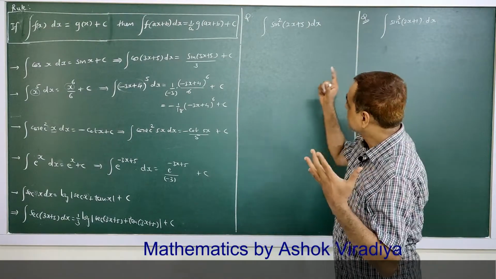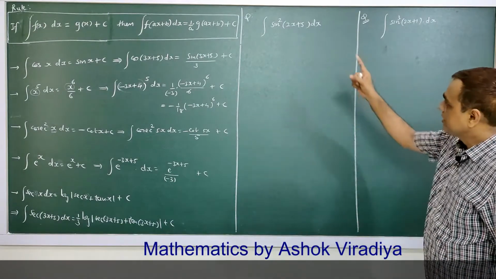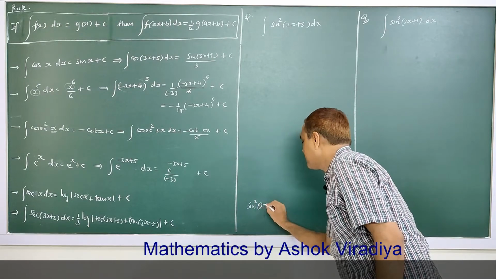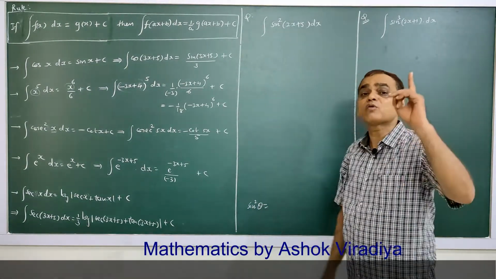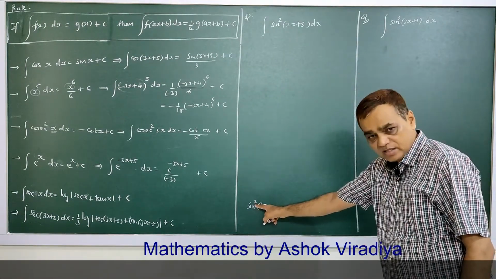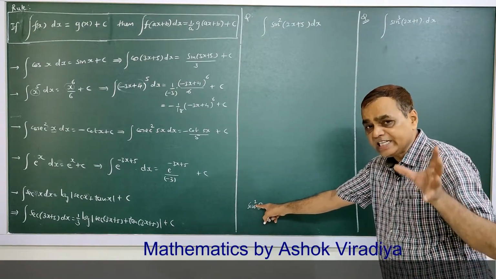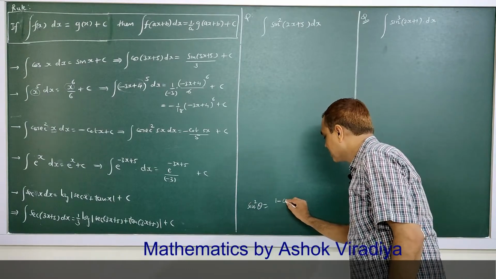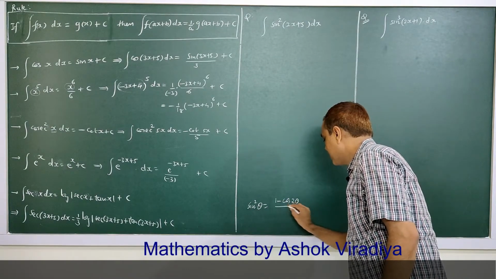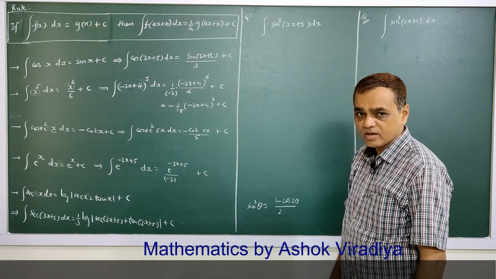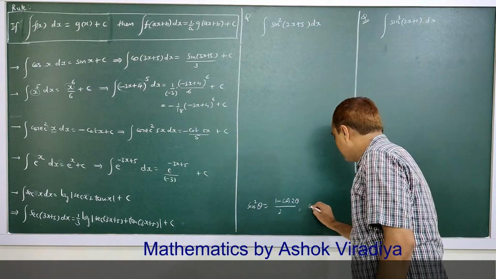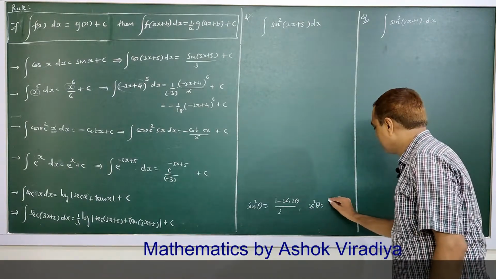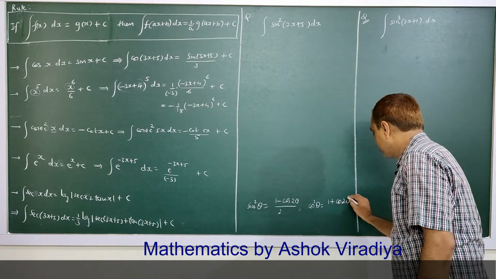So to convert this into integrable form, in this question, we use this formula for sine square theta. Remember, whenever a square is given when you are doing integration, if sine square is given, always replace sine square theta by 1 minus cos 2 theta by 2. And in any question, if you are given cos square theta, always replace cos square theta by 1 plus cos 2 theta by 2.